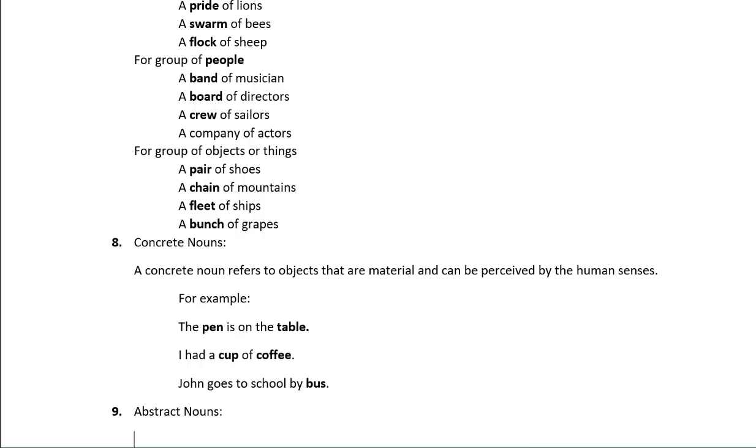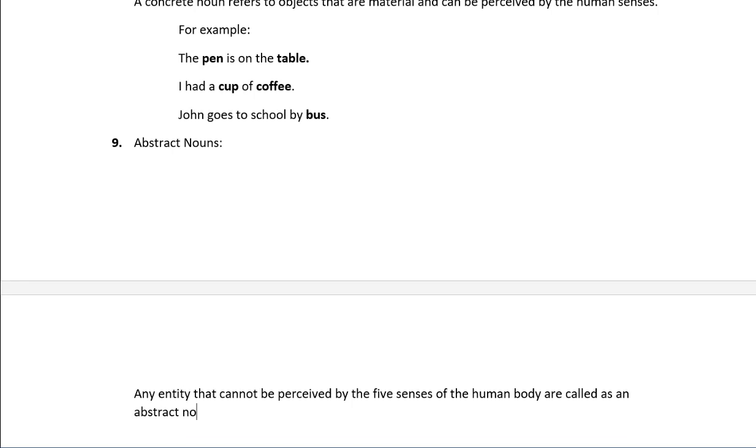For example, let me write first its definition. Any entity that cannot be perceived by the five senses of the human body is called an abstract noun.